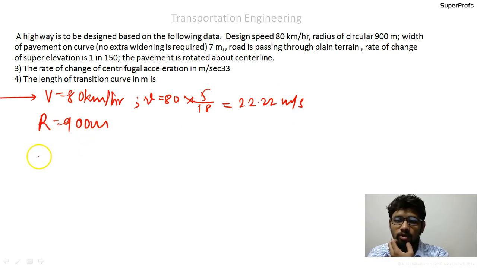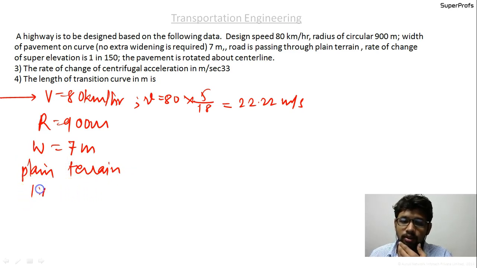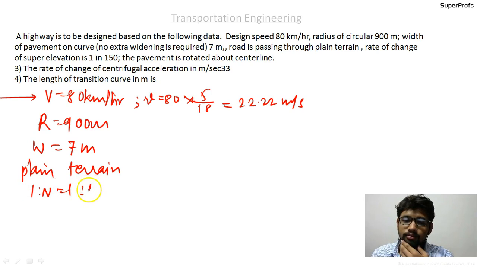Width of pavement on curve is 7 meters, and the road is passing through plain terrain. The rate of change of super elevation is 1 in 150.